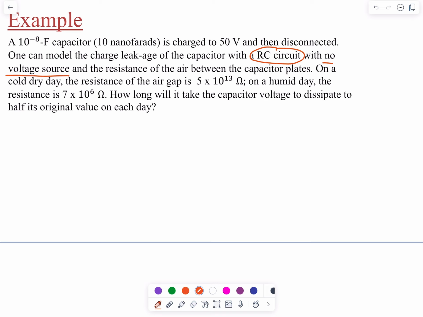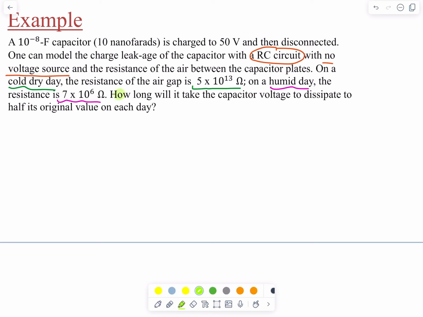On a cold, dry day, the resistance of the air gap is 5 times 10 to the 13th power ohms. So that's for our cold day. And on a humid day, the resistance is 7 times 10 to the 6th power ohms.